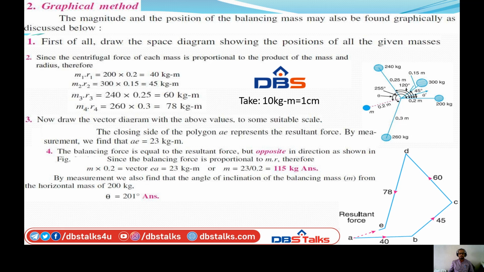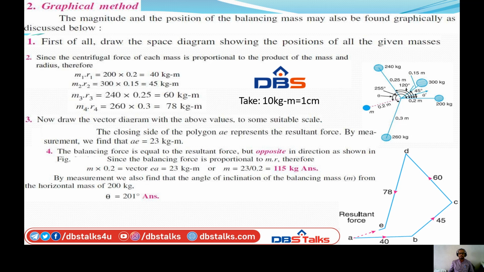So with a suitable scale, draw AB, horizontal, of length 40 for some suitable scale. Here we are taking the suitable scale as 10 kg meter equal to 1 centimeter. Then the diagram will be 4 centimeters. So AB is 4 centimeters.